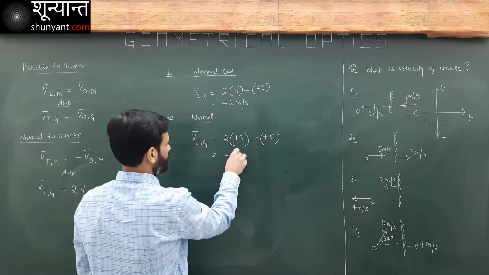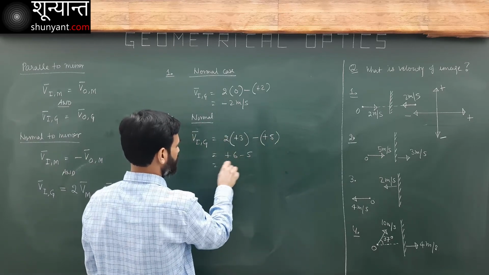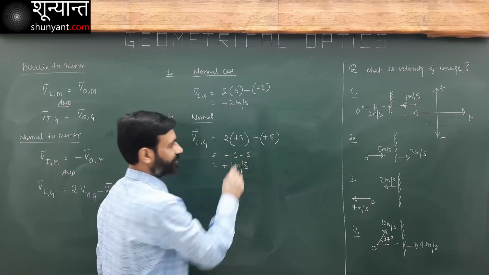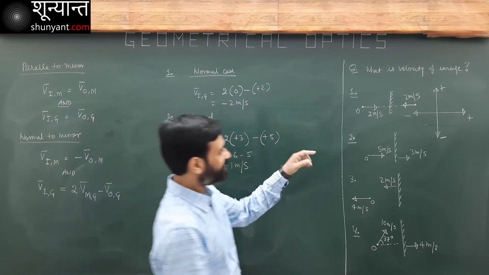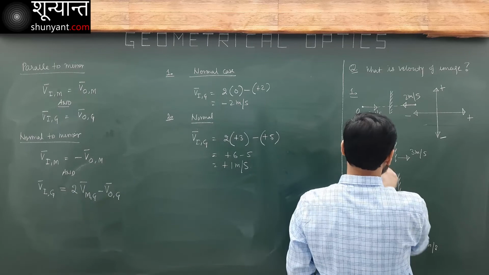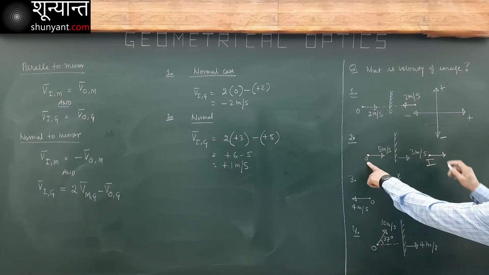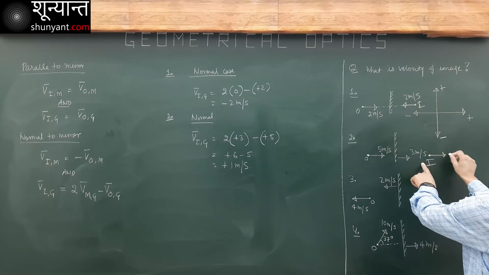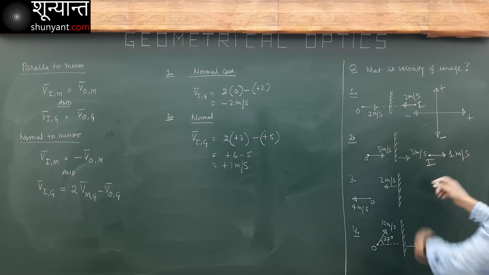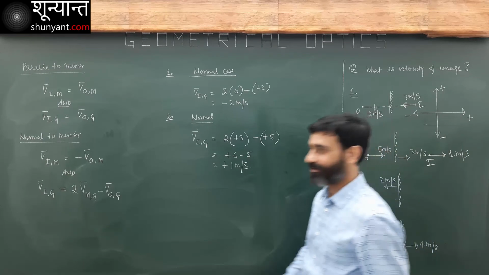What do I get? Plus 6 minus 5. I get plus 1 meter per second. That means in this case, the image will be moving in this direction, 1 meter per second towards right. Do you see?